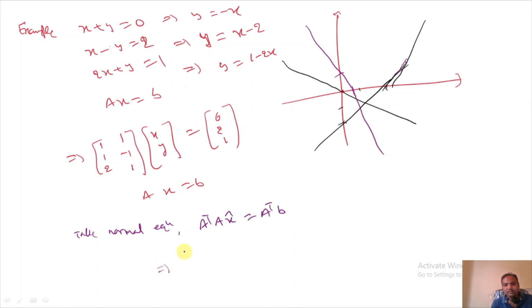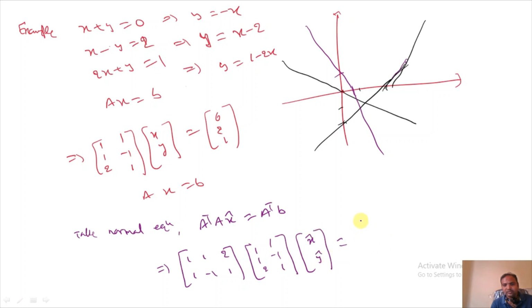That means A transpose is [1 1 2; 1 -1 1], times A, which is [1 1; 1 -1; 2 1], times x hat, y hat, equals A transpose, [1 1 2; 1 -1 1], times b, which is [0 1 1].